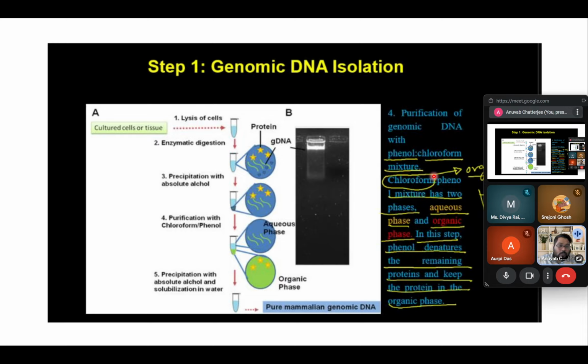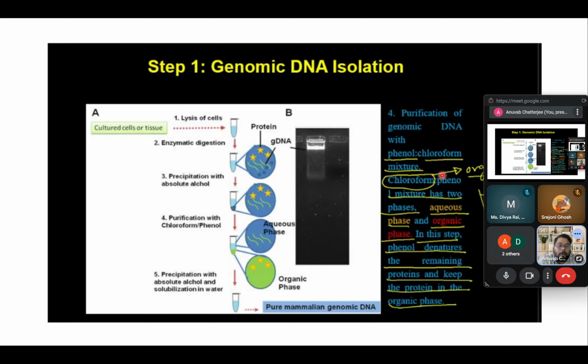What these two do is chloroform will bind to all the lipids that are present in the solution, and chloroform will dissolve them. So all the lipids will try to go into chloroform. And phenol, what it will do is that it will denature whatever proteins are left and cause the proteins to get dissolved in phenol.